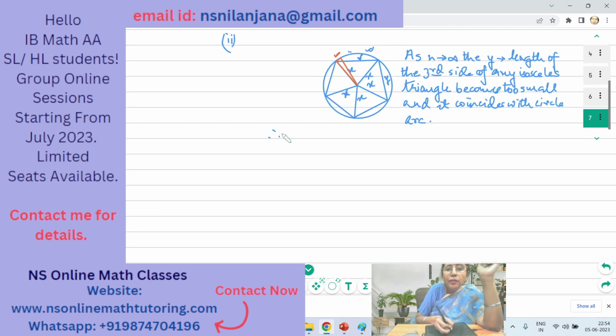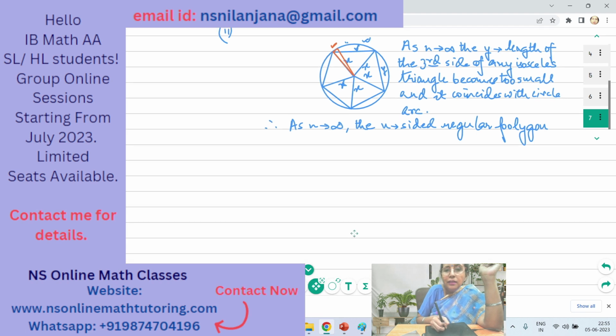Therefore, as n tends to infinity, the inscribed regular polygon becomes a circle.